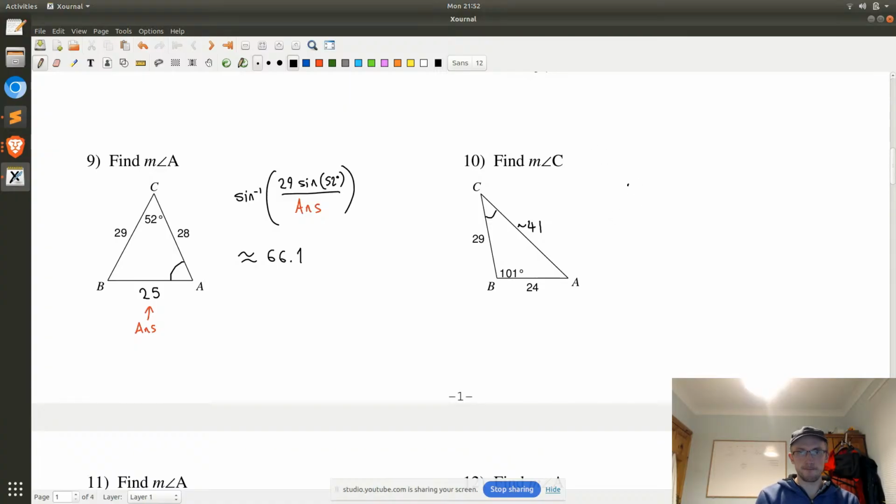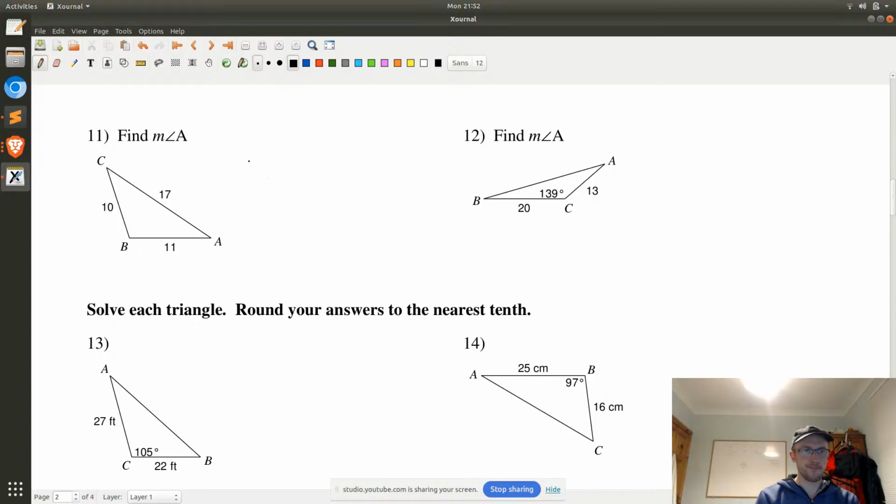Now angle C. 35.1. Yeah, I like it. Angle A now, please.